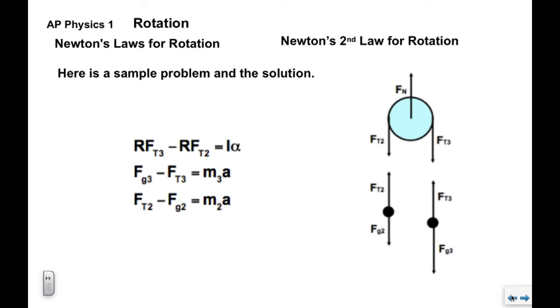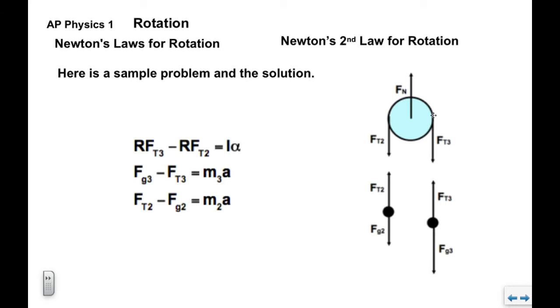And the torque equation, this is the new part. We pick the center of the pulley, that's the rotation axis, it's going to spin around the middle. And recall that the torque is R times F times sine theta. Well, the R is how far away from the axis the force is applied.